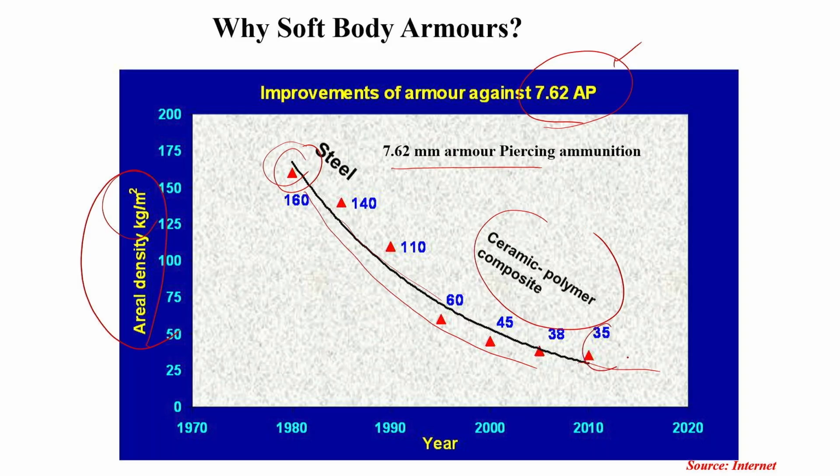So, it has reduced to 35 kg per square meter in 2010. Further, it has been reduced to a greater extent with the advent of the latest fibers. So, this research is still going on.